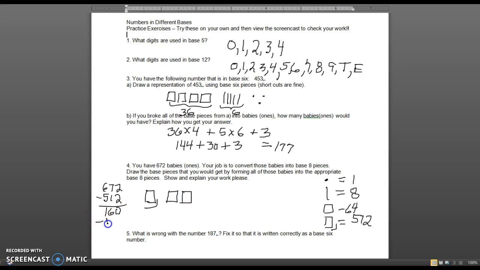So now I'm going to subtract 128. And 160 minus 128 is 32. So next I go back and I'm looking at my 8s. How many groups of 8 can I get? And I can get 4 exactly. And that is going to be subtracting 32, and I have 0 babies. So this is my correct base representation.